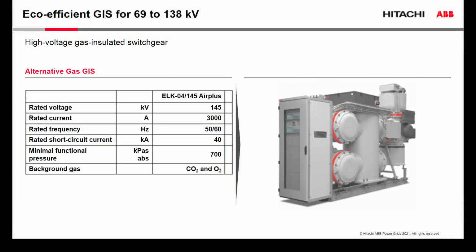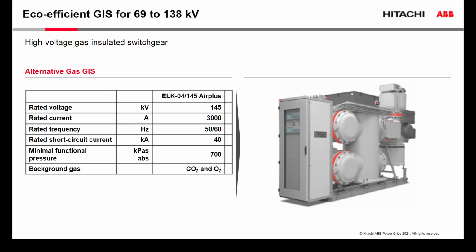There are technologies already on the market and available, like, for example, the ELK04 AirPlus, a technology up to 3000 amp and 138 kV, 40 kiloamps, which utilizes, for example, background gas with CO2 and O2. It looks like a typical GIS and handles like a typical GIS. It is pretty much the same, but with a different gas filling inside of the compartments.